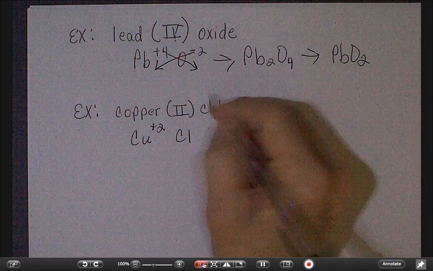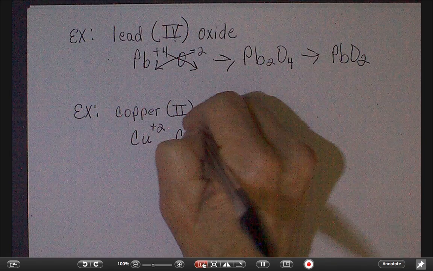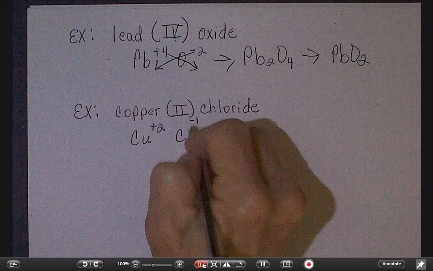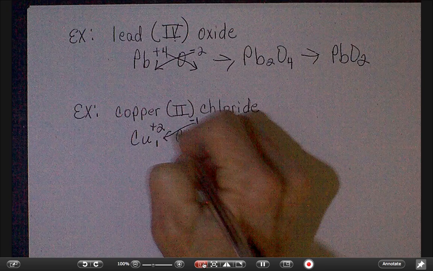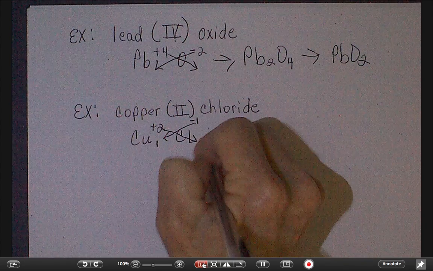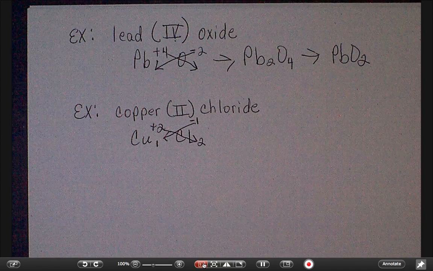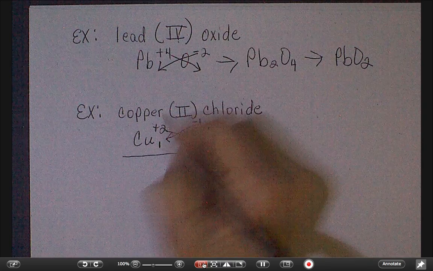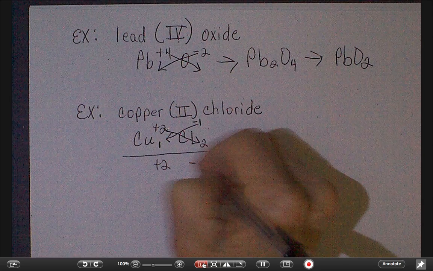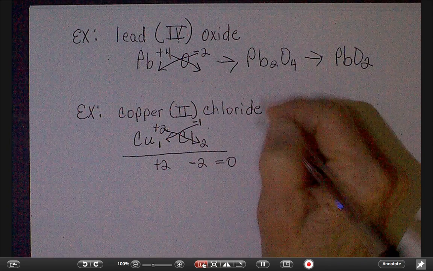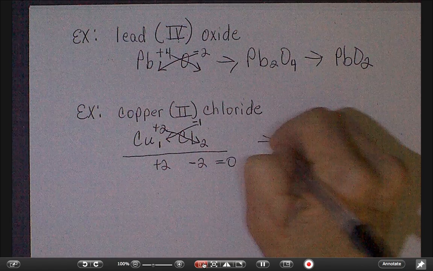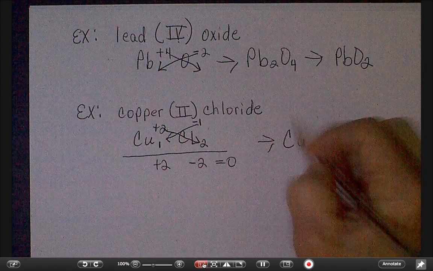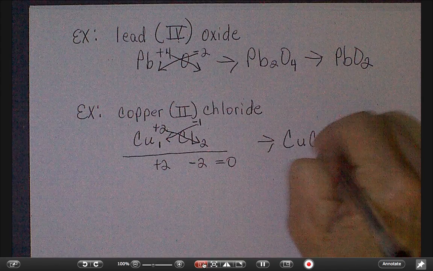Symbol is Cl. Everybody in group 7 is a what? -1. Okay, crisscross. This is a 1, crisscross. This is a 2. Remember, leave all charges behind when you crisscross. That's the smallest whole ratio. Okay, so this is a +2. This is a -2, which equals 0. So you come up with what formula, kids? CuCl2. That's right. 1 Cu, and Cl2.